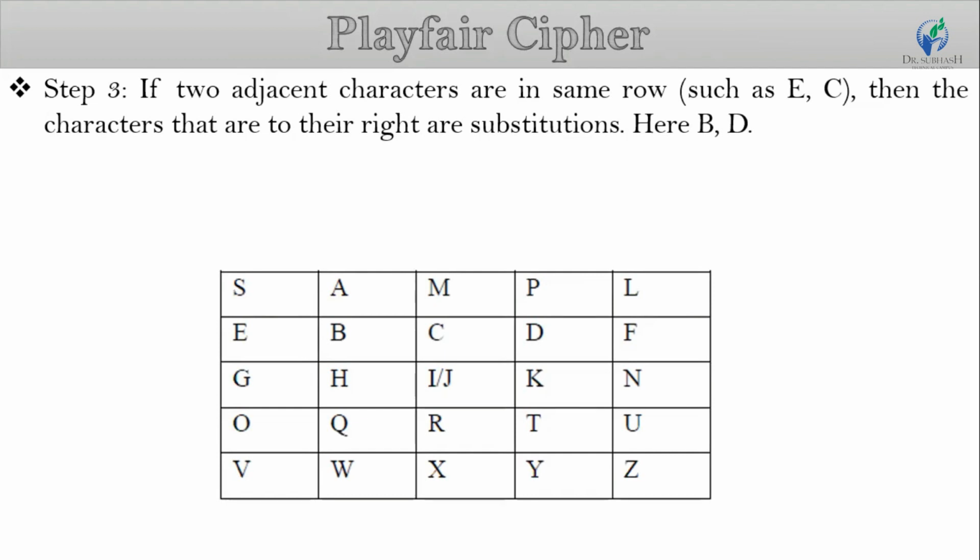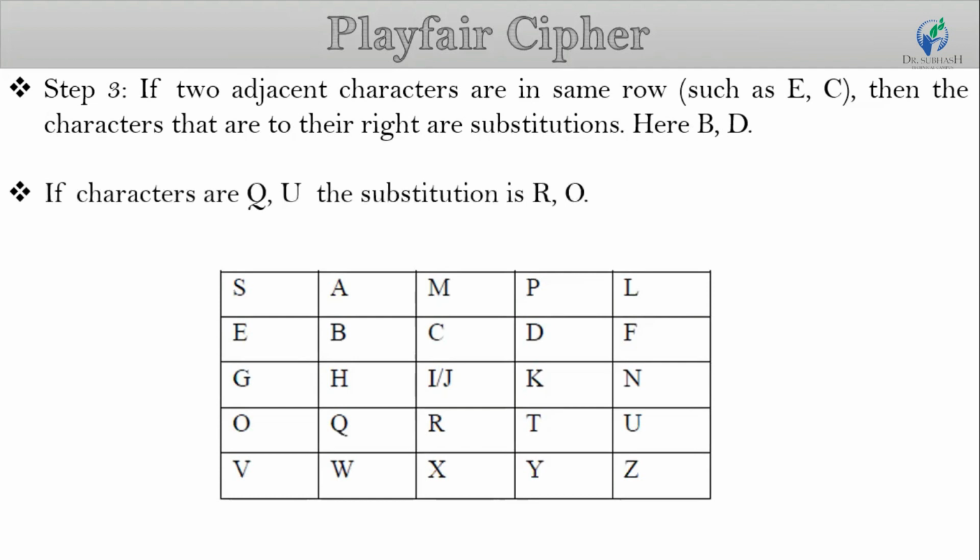So here B and D is the answer for plain text E and C. If the characters are Q and U, then they are in the fourth row, and the substitution is R and O. So I hope you can understand how to select when the alphabets are in the same row.